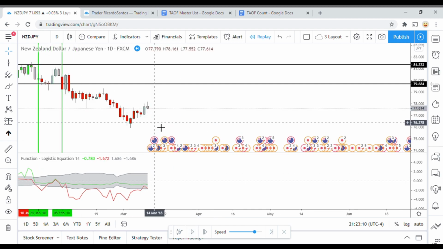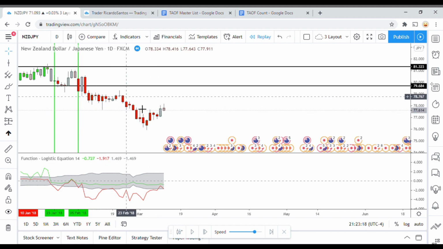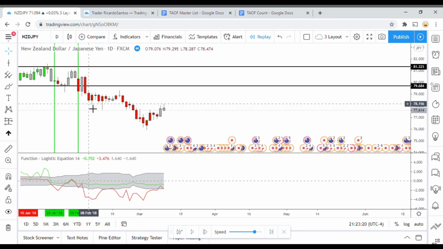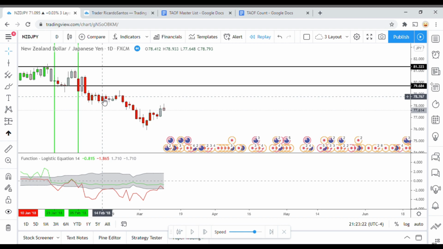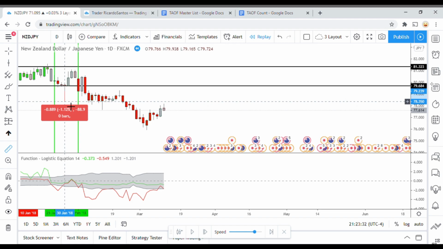There we go. All right, here we go, and we are getting a kind of loose cup and handle pattern forming right there. Let's see, we would have been out of this trade here. Let me measure this out. I've got to be mindful because this indicator is giving a lot of signals here.